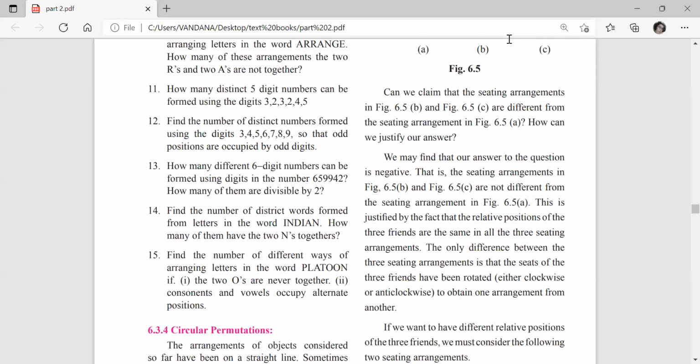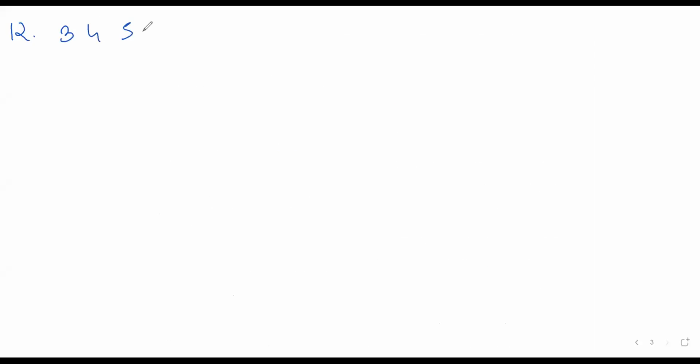So we'll consider that if these are 7 digits, then we are forming 7 digit numbers. It's 3, 4, 5, 6, 7, 8, 9. 1, 2, 3, 4, 5, 6, 7. 7 digits.